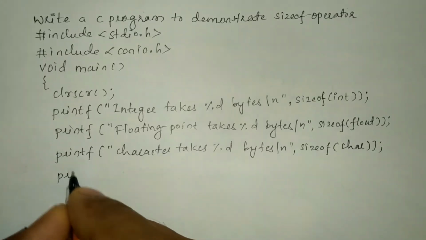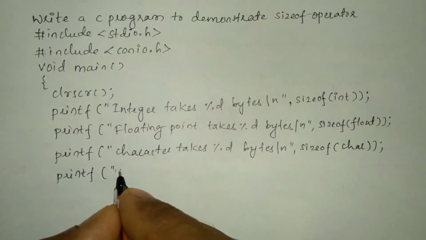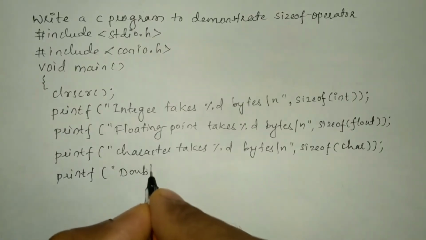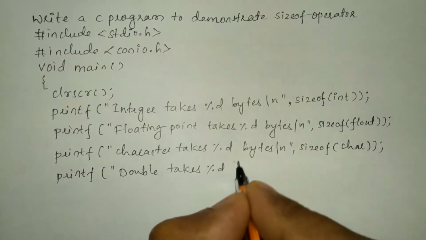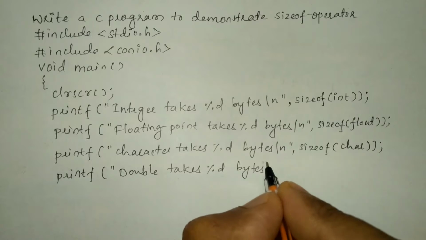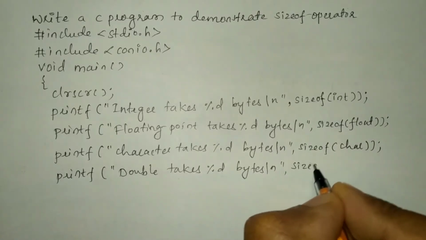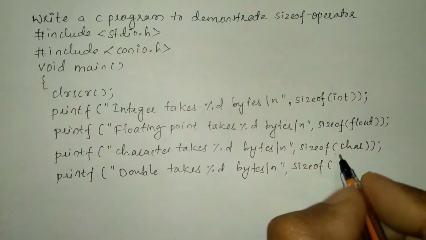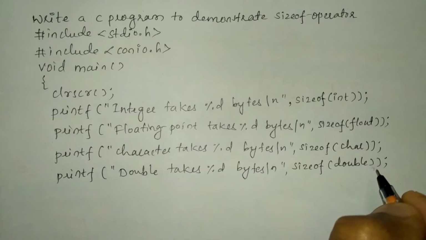Next data type is double. printf, in double quotation marks I'm going to write "double takes %d bytes \n", and then we'll use the sizeof operator, and now we are going to write double and close the bracket and put a semicolon.